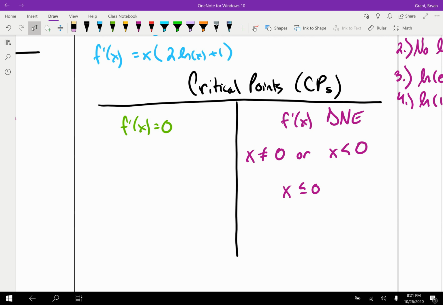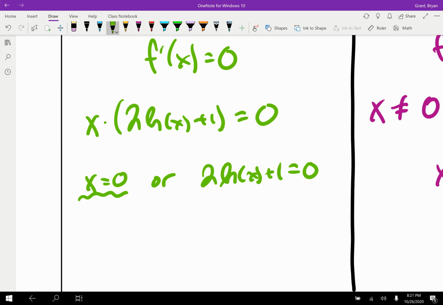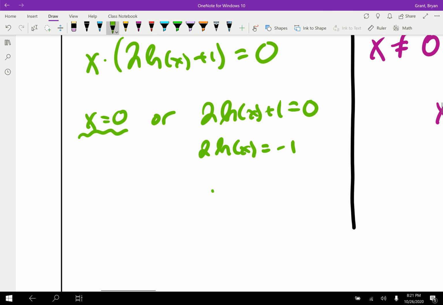Okay, f prime of x equals 0. Well, we're going to replace f prime of x with what it's equal to, something like this, and then make two equations: x equals 0, or 2 ln of x plus 1 equals 0. I don't think there's too much we need to do with x equals 0. That one looks done to me. So we get 2 ln of x equals negative 1. Divide by 2: natural log of x equals negative 1/2.